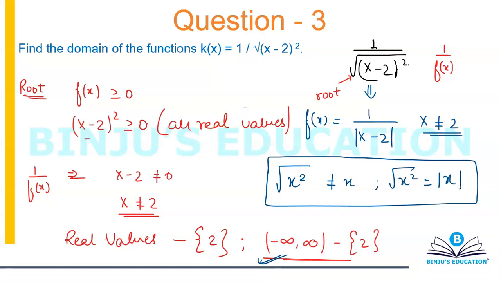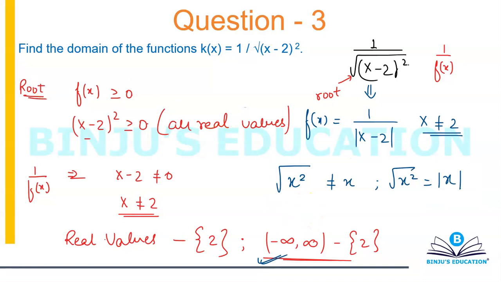For example, let's suppose I take x to be negative 3. Then under root of negative 3 square is never equal to negative 3, but it is always equal to modulus of negative 3. Why? The reason is that the under root as a function is only defined for non-negative numbers.